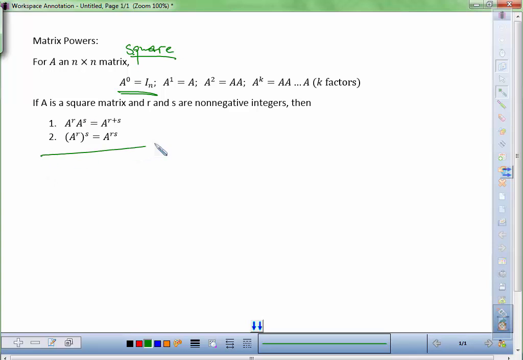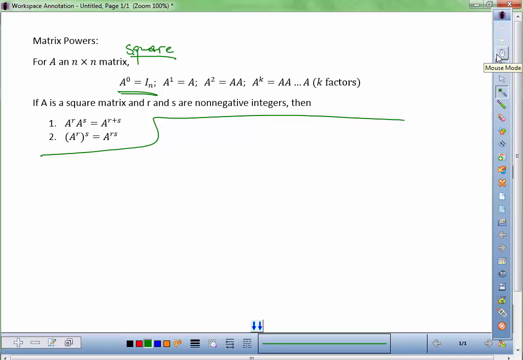Okay, well, we could do an example, but I think it's better to take a look at some examples of interesting matrices and taking them to a power. With these interesting matrices, taking them to a power kind of leads to a pattern.